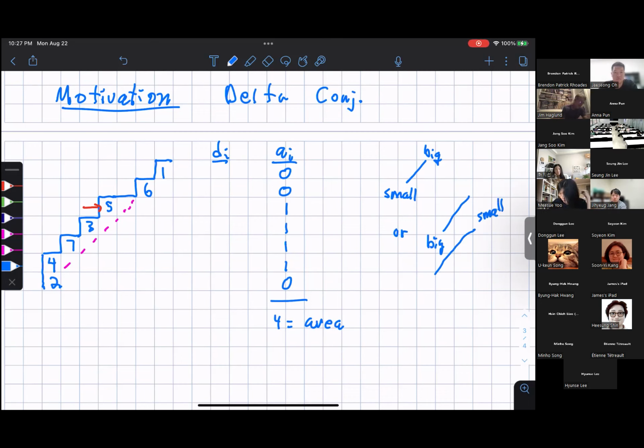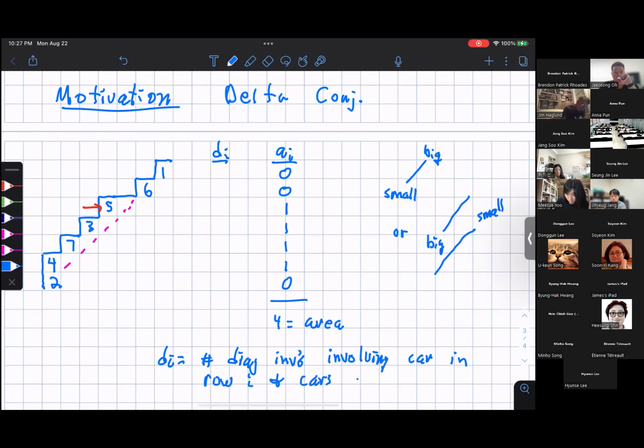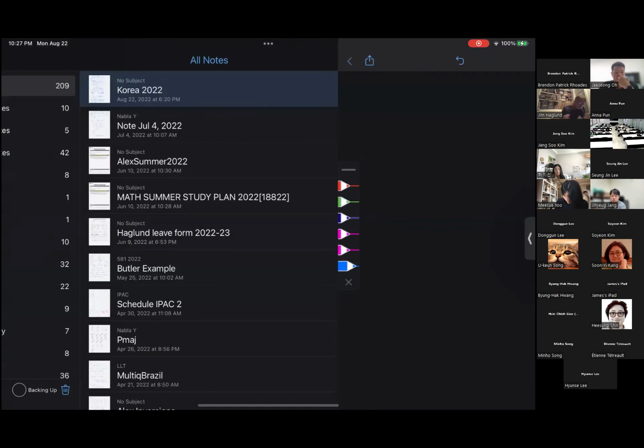And then DI is the number of these diagonal inversions involving the car in row i and cars above it in rows above it. So the top car, ooh.